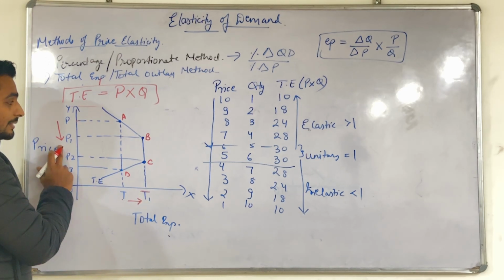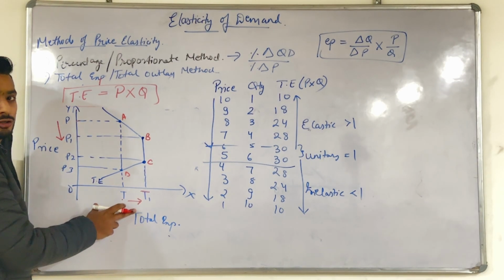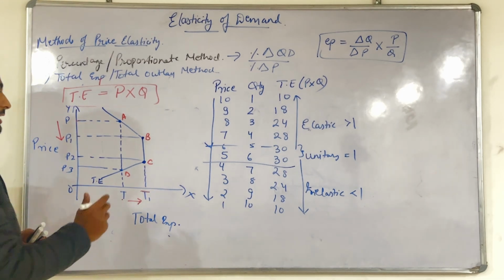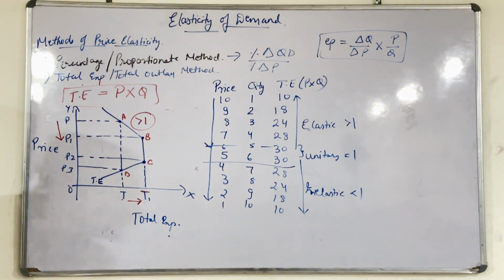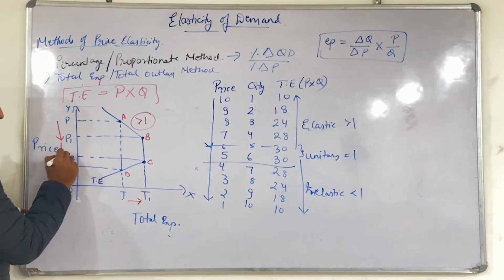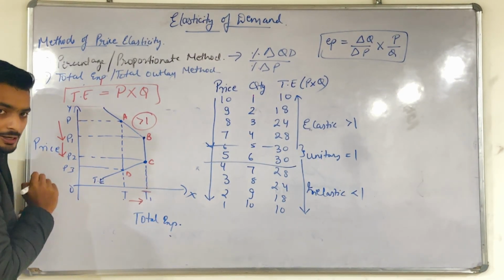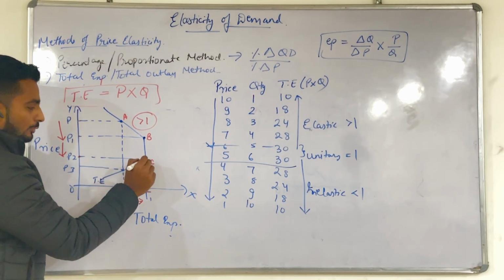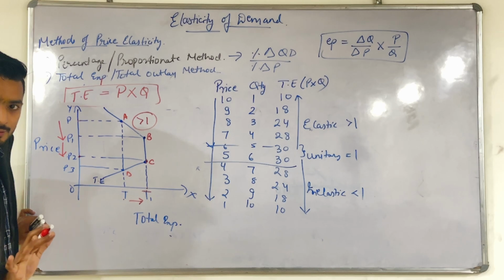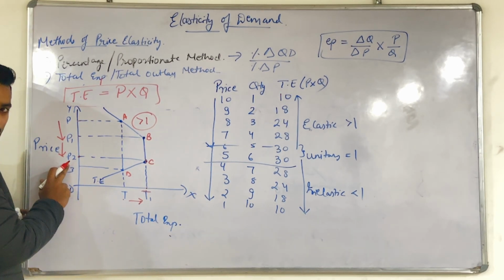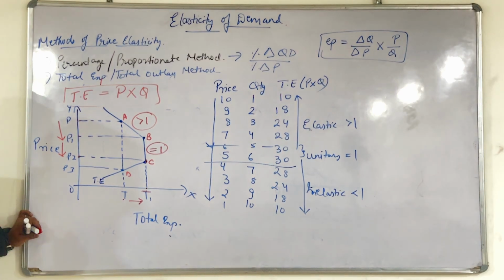So price falls, total expenditure increases from T to T1, which shows inverse relation. That is the case of elastic, that is EP is more than 1. When price falls from P1 to P2, total expenditure at P1 was T1 and at P2 also total expenditure was T1. So total expenditure remains constant. Price falls, total expenditure remains constant. That is the case of unitary.